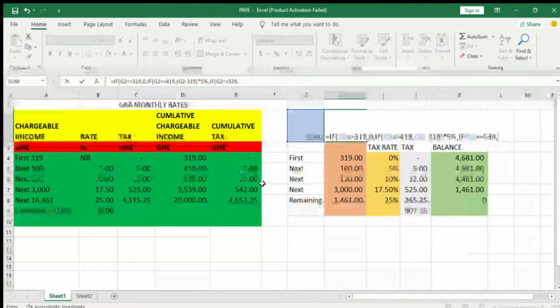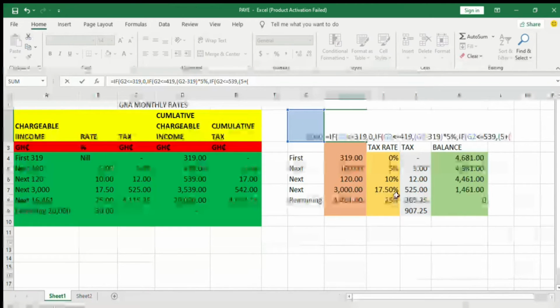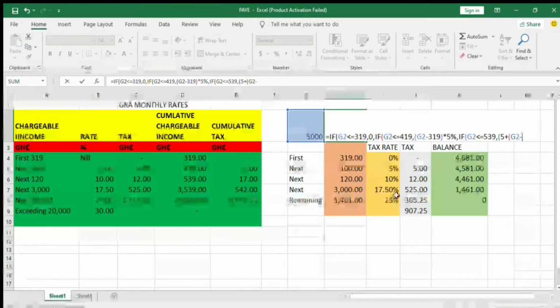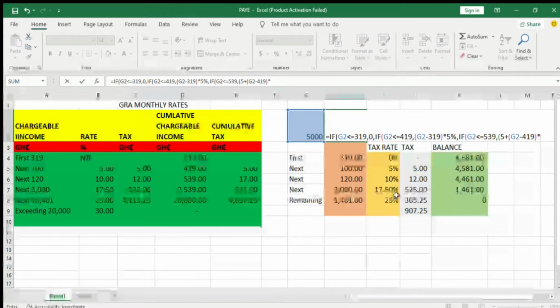So we will have to add it to the current tax at this level. So we bring our bracket, then we bring 5 plus, then open our bracket, then the difference, that is the 539 minus the 419, that is the 120. So we write it down. So G2 minus 419. Then at this level the tax rate is 10%. Then we close the bracket. Then we bring our comma.